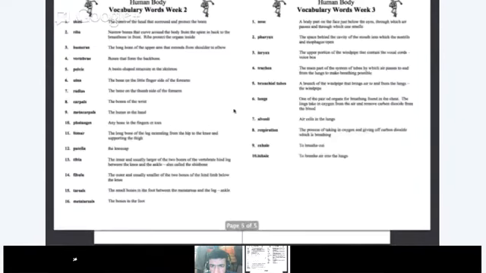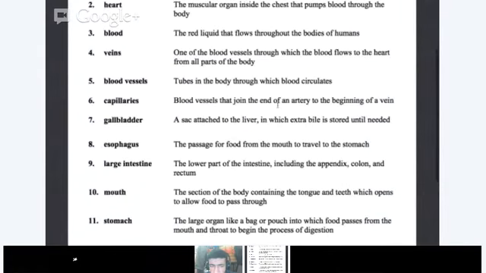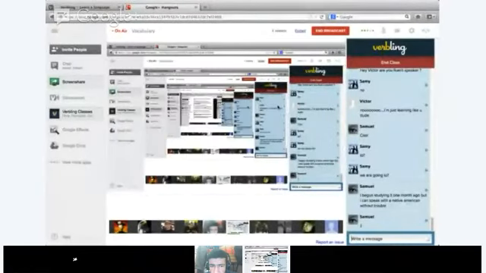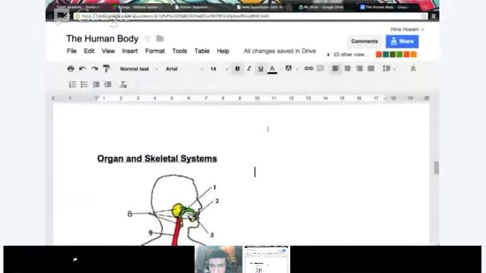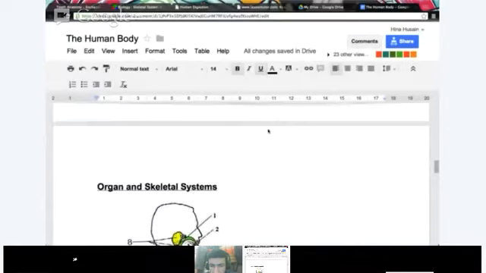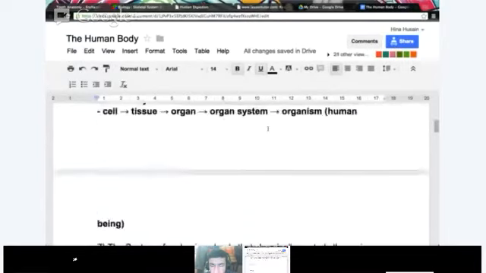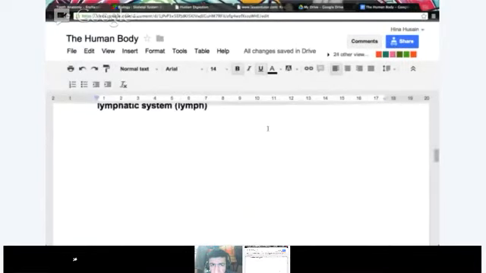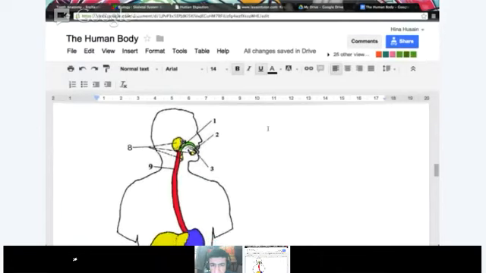I'm hoping that this is not fresh in your head now, so you will be able to label all these parts. Okay? So if everybody can move to the Google document. Can everybody see the Google document? Was everybody able to open it? Yes. Okay. So in the Google document, like I said, we covered all of this in the last class. So now we are going to cover all these different organ systems.